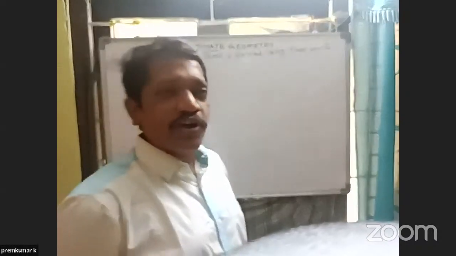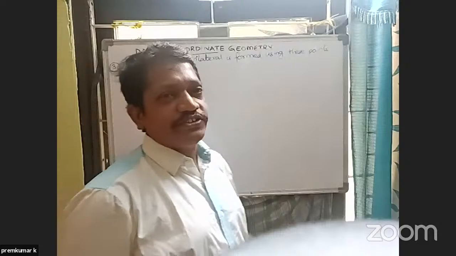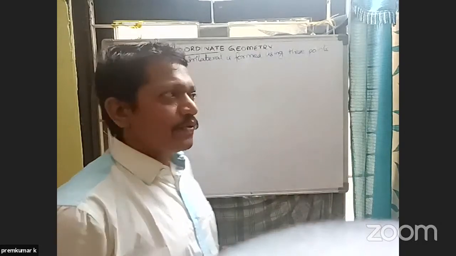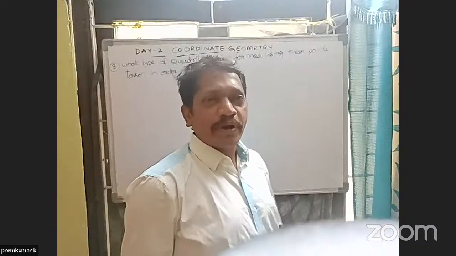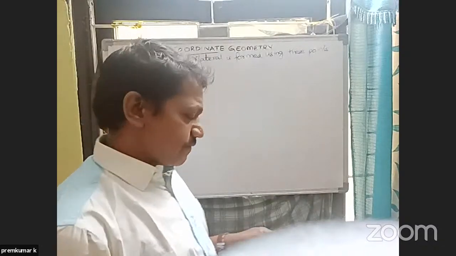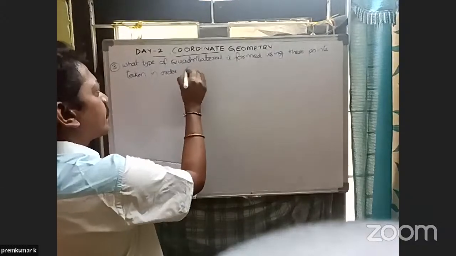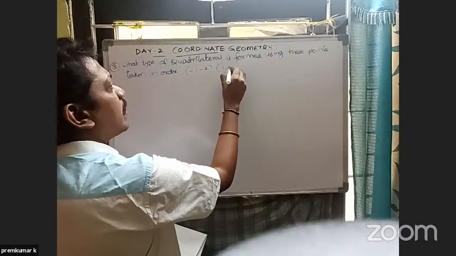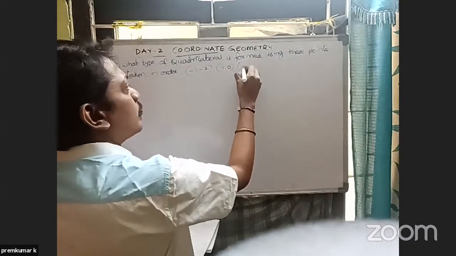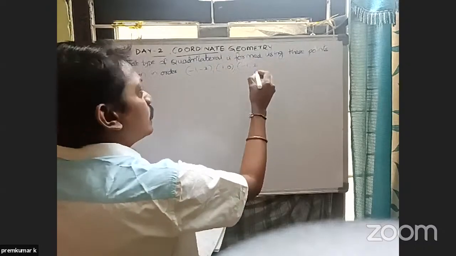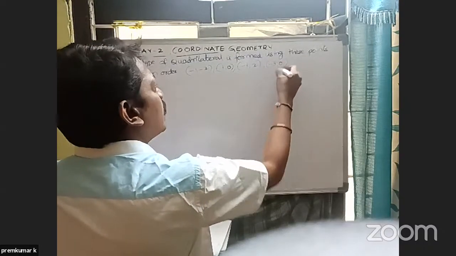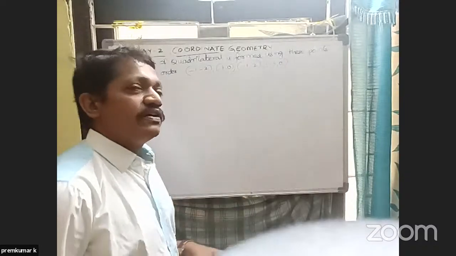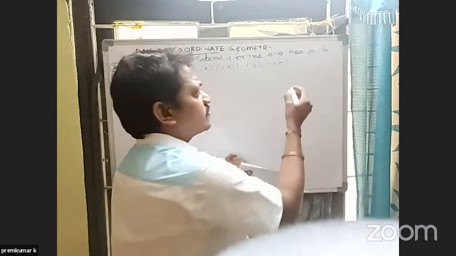Taken in order means we have to take the vertices in sequential order A, B, C, D. If you do not take them like that, the problem may not give the correct answer. The vertices are -1 comma -2, 1 comma 0, -1 comma 2, and -3 comma 0. It is a quadrilateral, it has 4 sides.